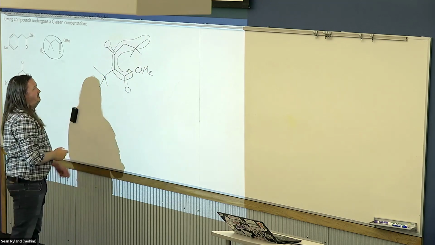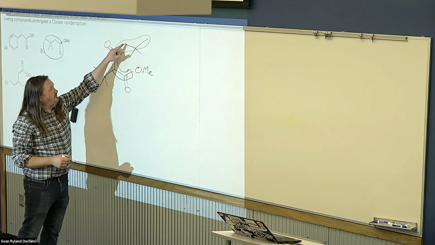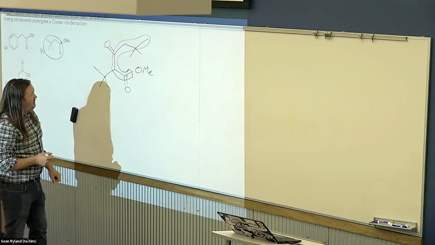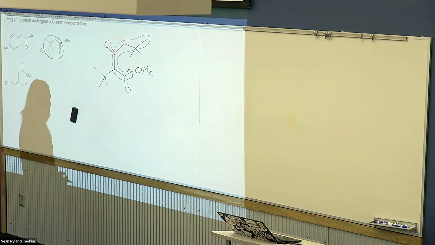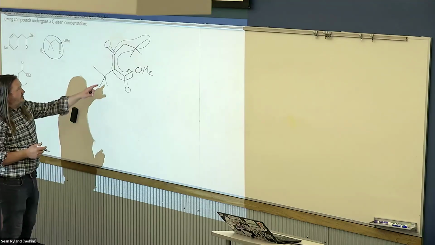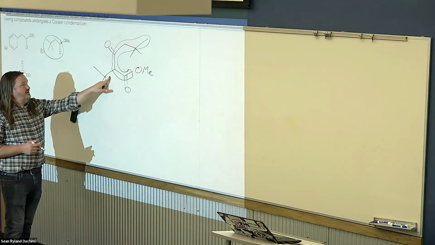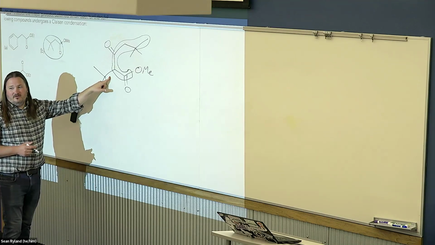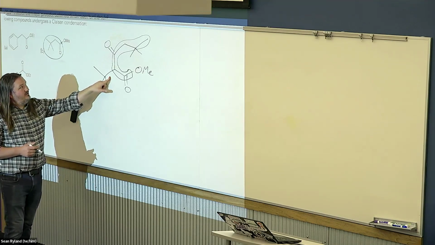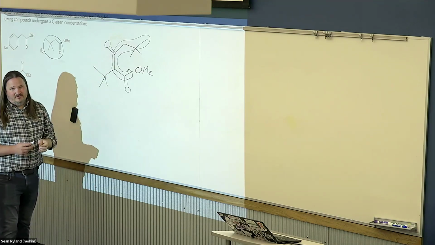Methyl 1, 2, 3, 4, 5, 6, methyl hexanoate. But then you've also got a dimethyl and, in parentheses, a dimethylethyl attached. And then you've got that.